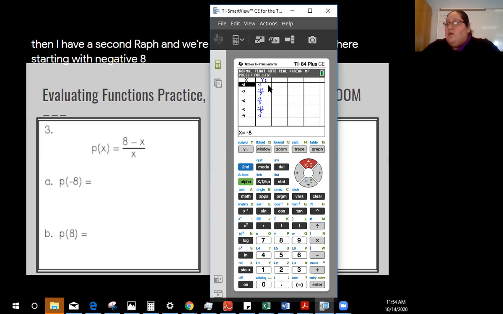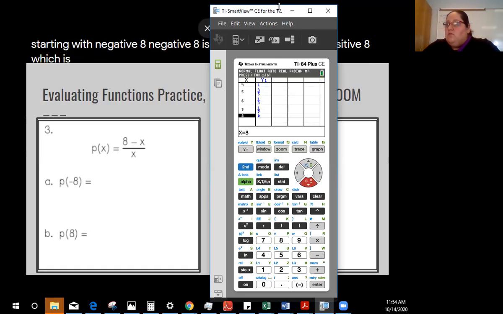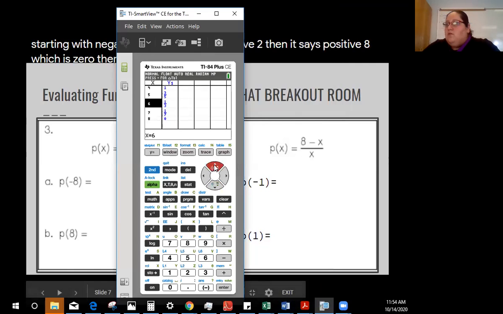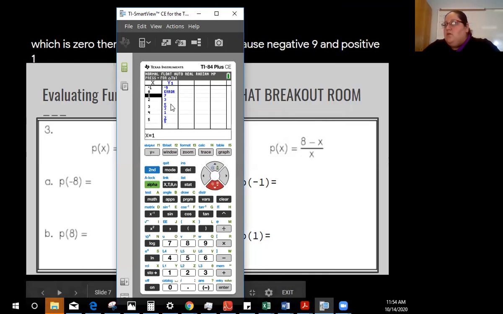Then I have second graph, and we're looking for several values here, starting with -8. -8 is -2. Then it says +8, which is 0. Then it asks for -1, which is -9. And +1, which is 7. So we just looked at both of those.